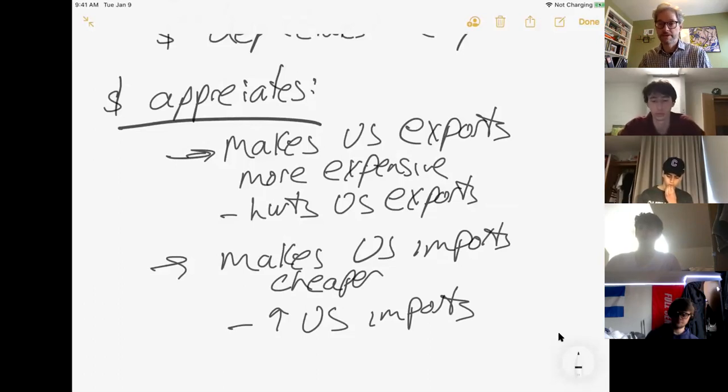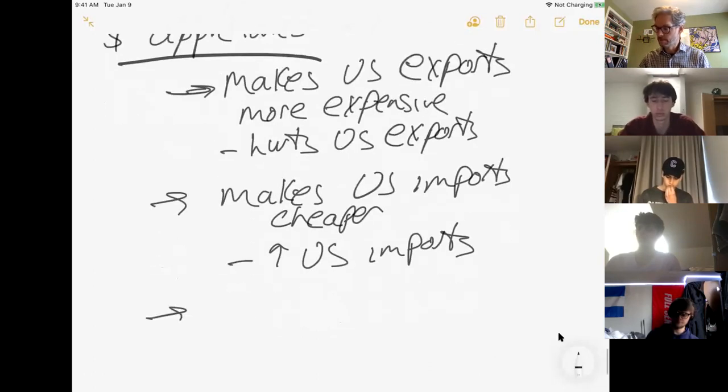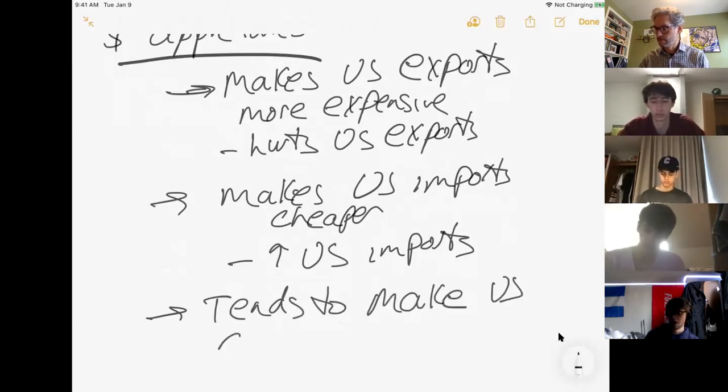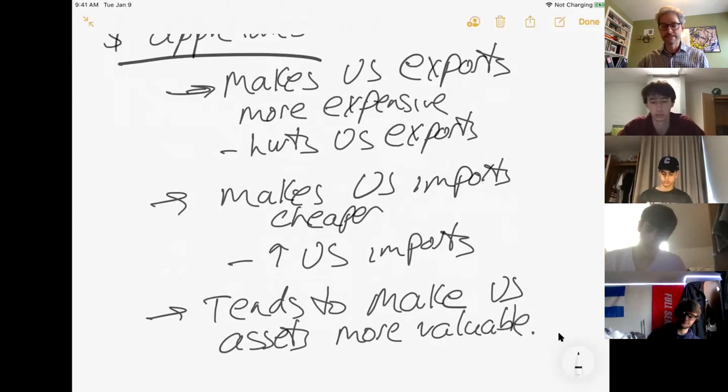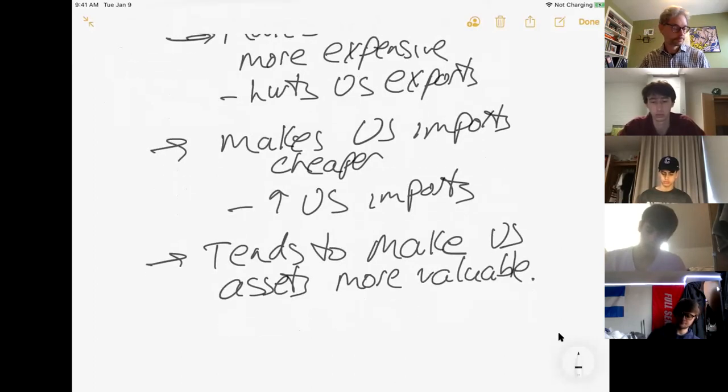Tends to increase US imports. It tends to make US assets more valuable.